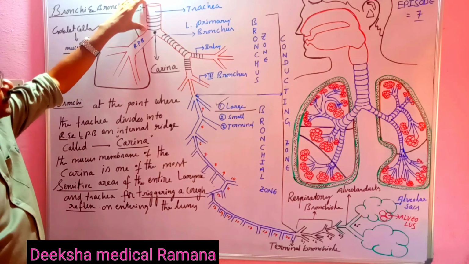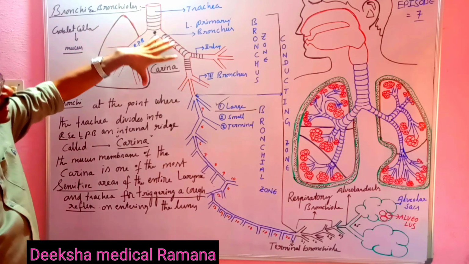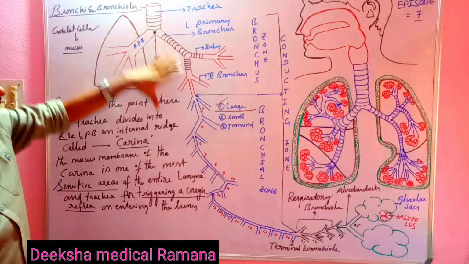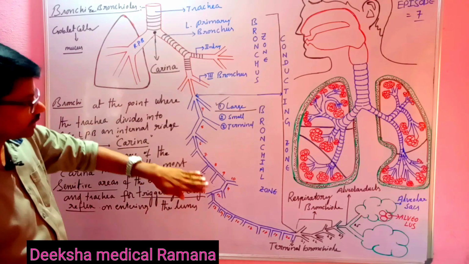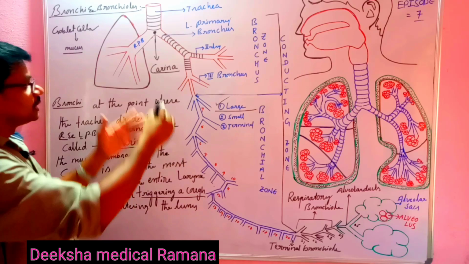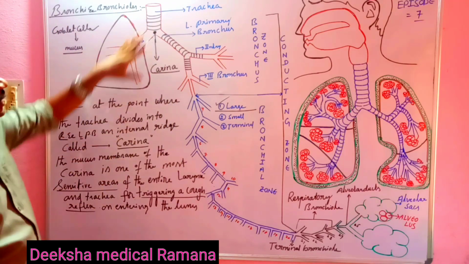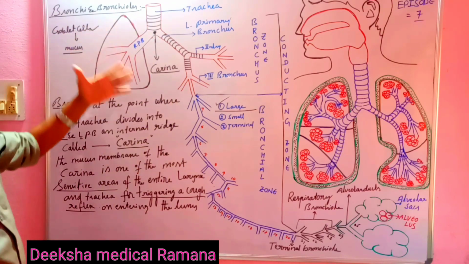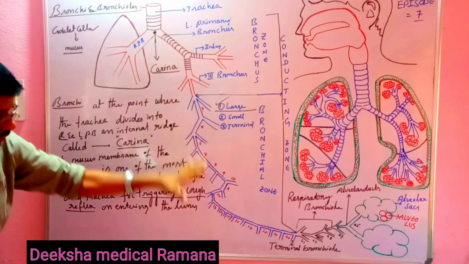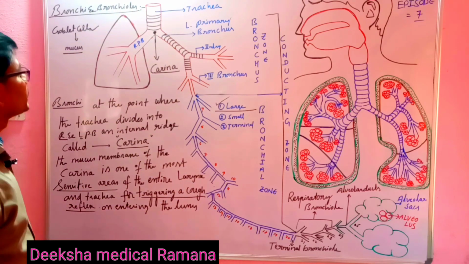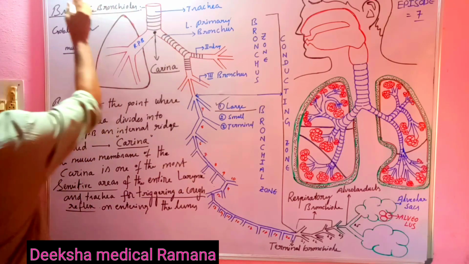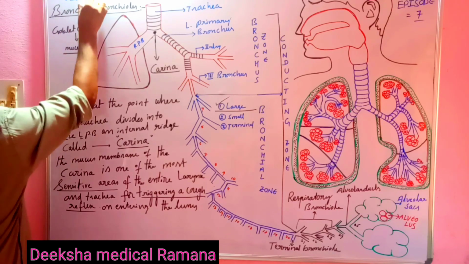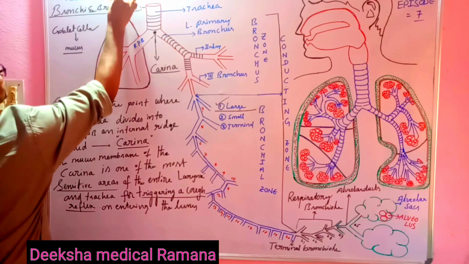The trachea forms a branching network. If you invert it, it looks like a tree, which is why this network of the respiratory tract is called the bronchial tree.